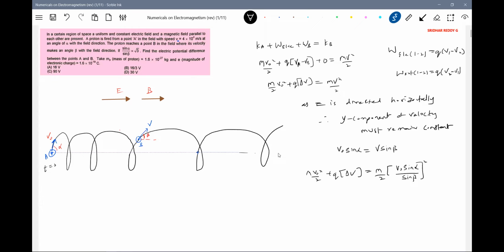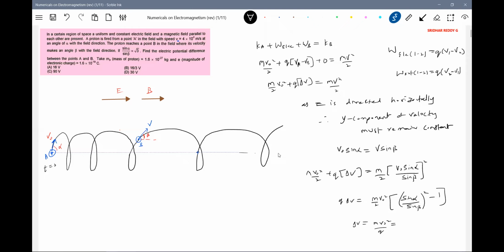Sine alpha by sine beta, the value is known, so we'll get an expression for delta V. So Q into delta V equals M by 2 V naught square, sine alpha by sine beta whole square minus 1. 3 minus 1, 2. So this will become everything only M V naught square by Q.